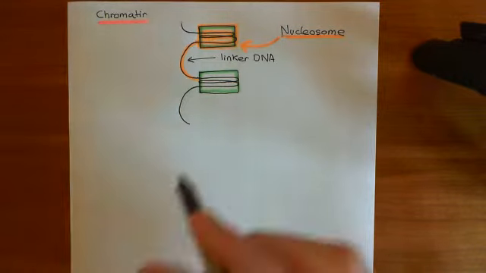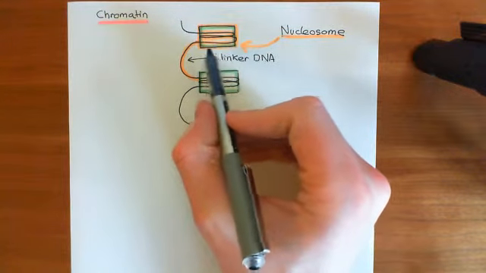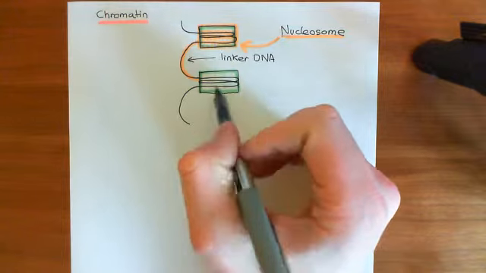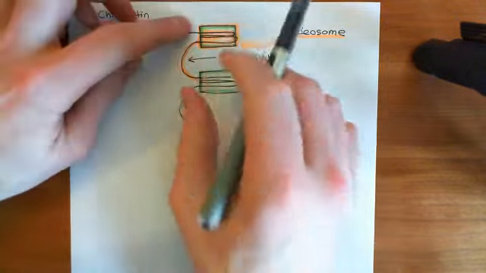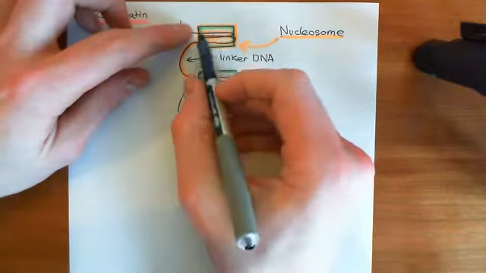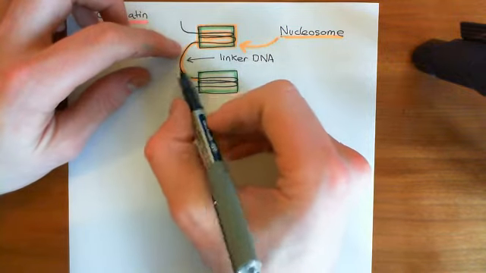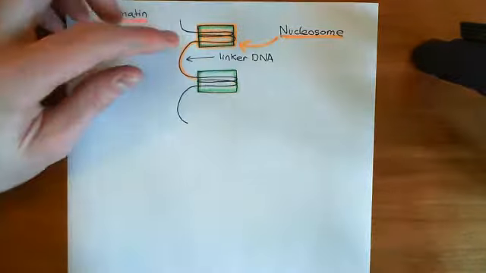Most of your DNA is actually wrapped around histone core complexes. This is the way DNA exists in the nuclei of your cells. It is just a string like this that goes on and on. Most of the length of the DNA is wrapped around histone core complexes, and very little of it is in the linker DNA between them.